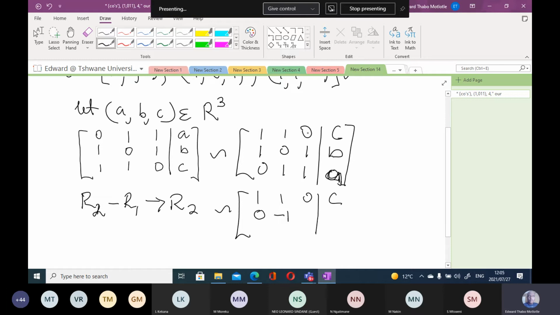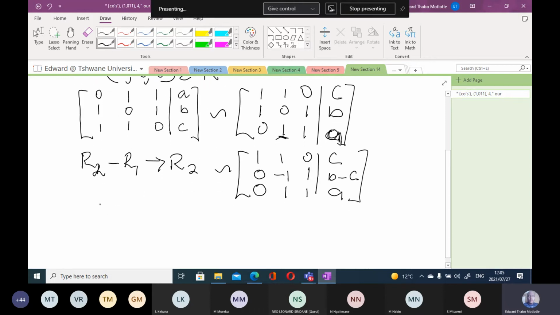We multiply by minus 1 and add to this one, we remain with 1. Minus C plus B, so it's B minus C. Okay, that's the case. Now on the next one, I want to get rid of this one. But to avoid confusion, I'll do it in the next step. I'm just copying for now.